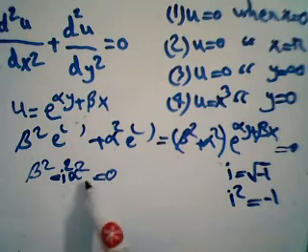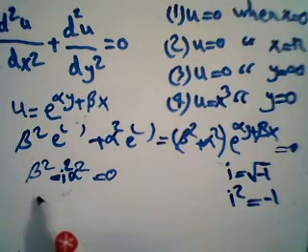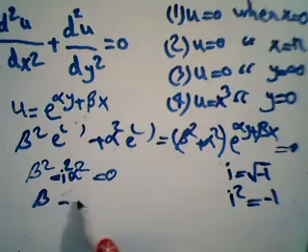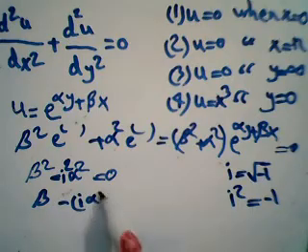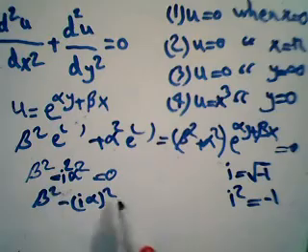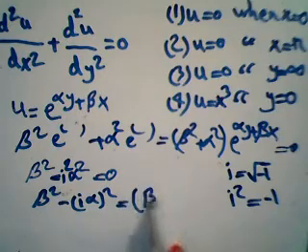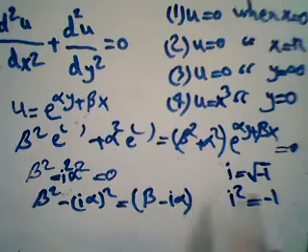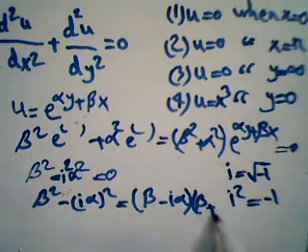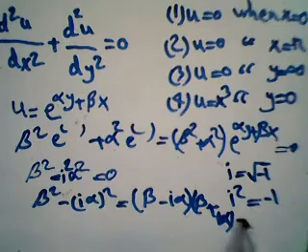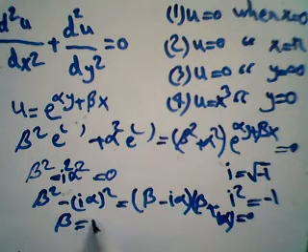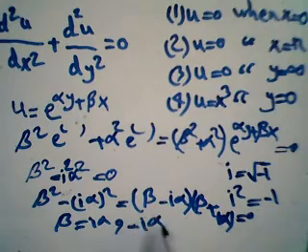So this is equal to beta minus i alpha times beta plus i alpha, which is 0. Then from here beta equals i alpha, and from here beta equals minus i alpha.